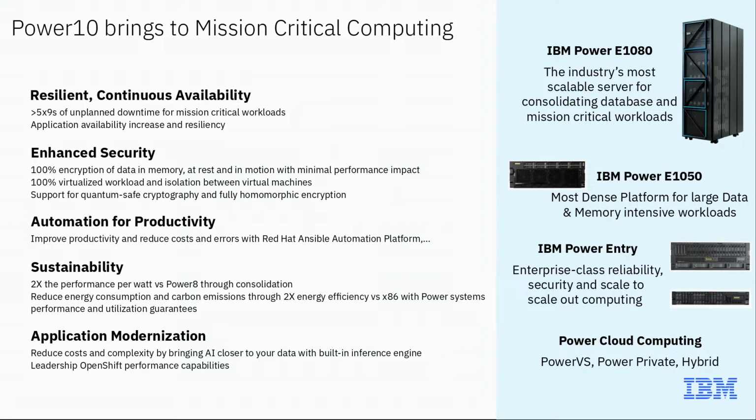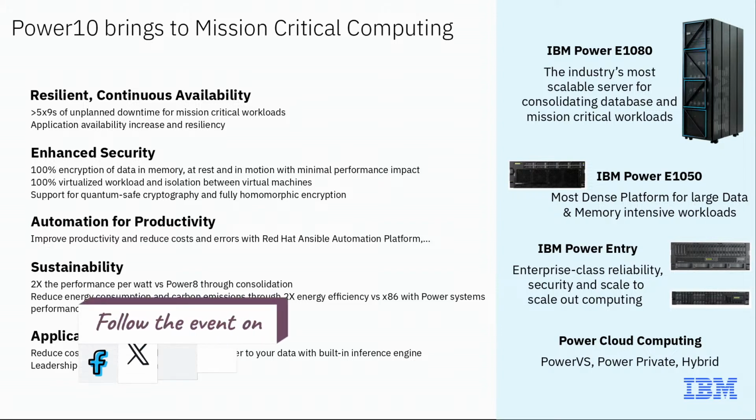Sustainability, very important. The system is designed to be very efficient in terms of energy consumption, and we are guaranteeing the utilization of the platform. The biggest machine, the E1080, can have a utilization guarantee of up to 80%. So IBM is guaranteeing that you can use the platform up to 80% of the capacity.